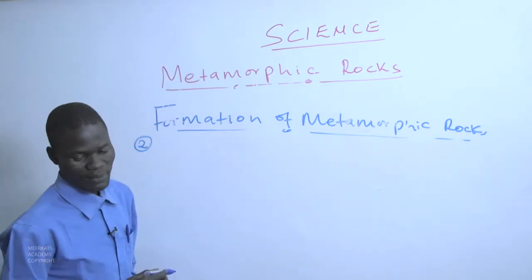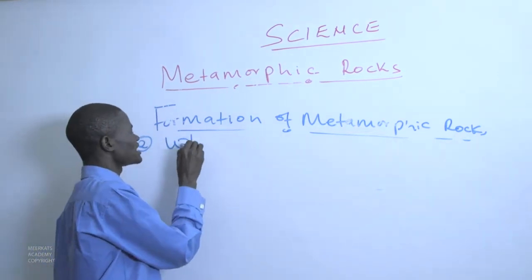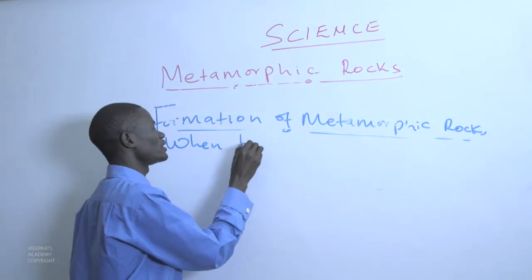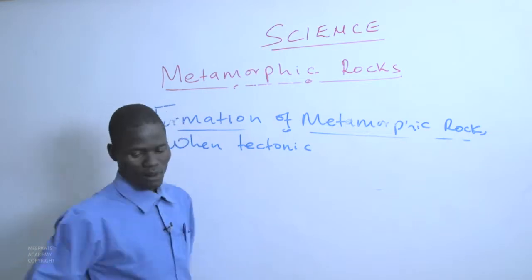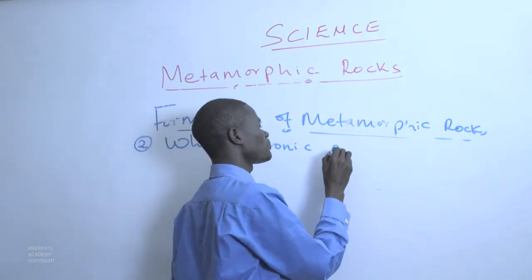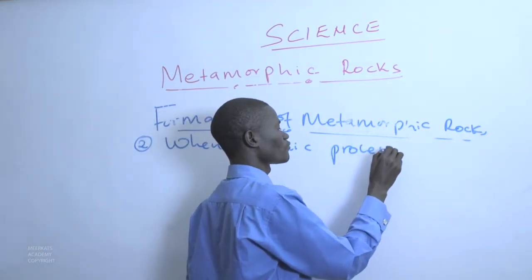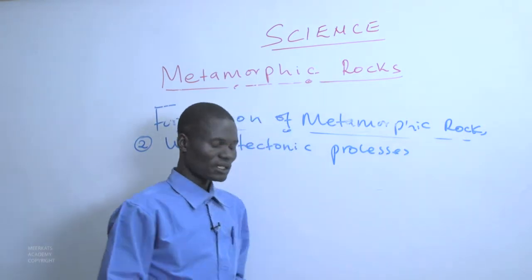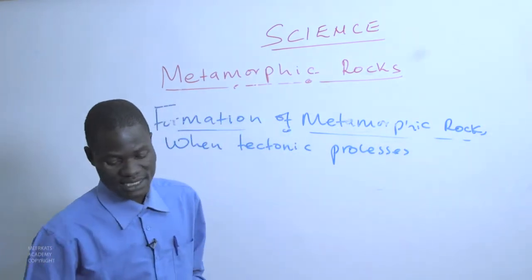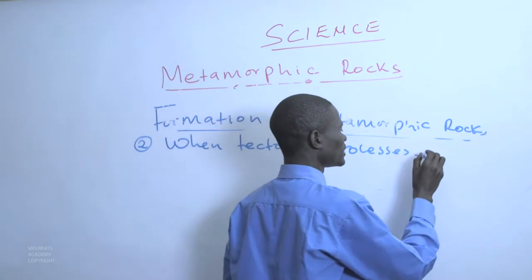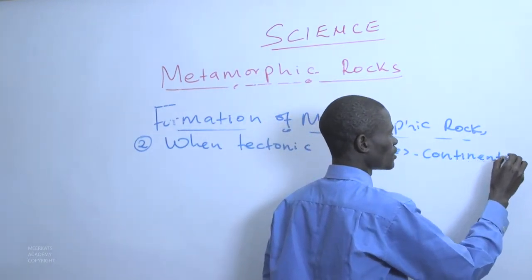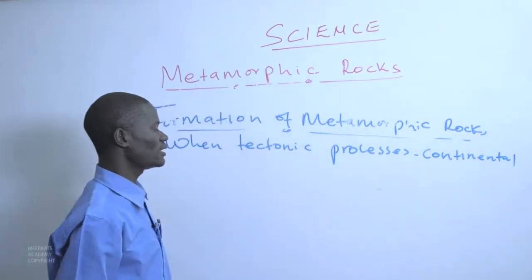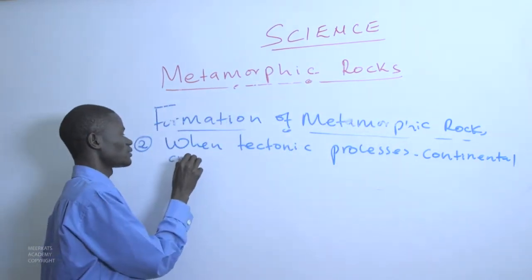We are able to see they are formed when tectonic processes occur, and some of the tectonic processes occur where? That is on the continental crust. That is where those rocks are, on continental crust.